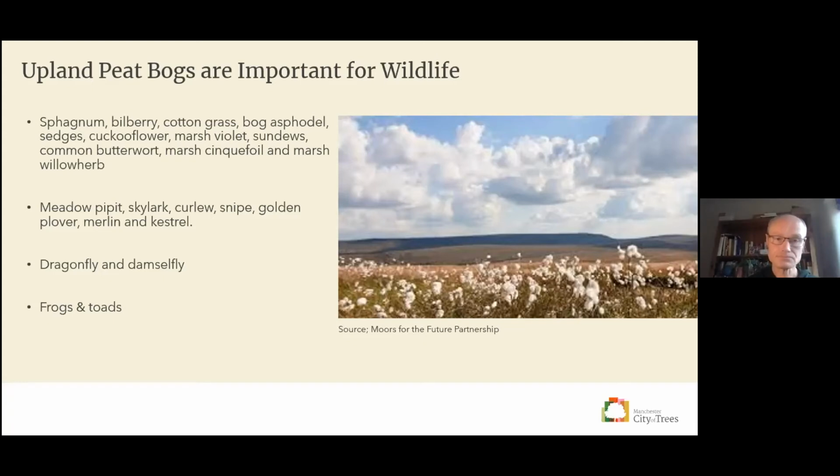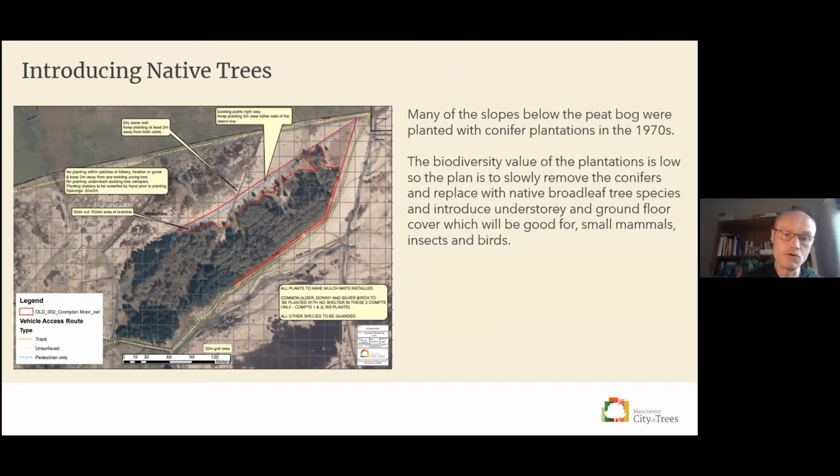Crompton Moor was a conifer plantation planted up in the 1970s for timber production, as many other locations were in the UK. Obviously that was very important for a domestic timber supply, but not necessarily the best form of woodland for biodiversity.